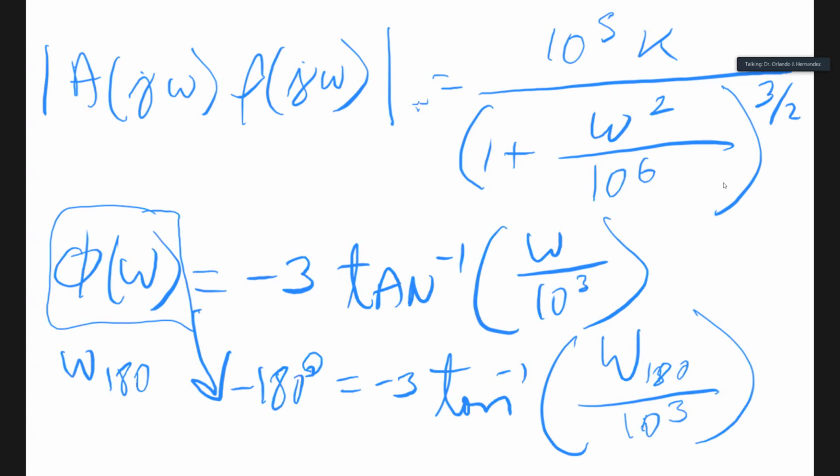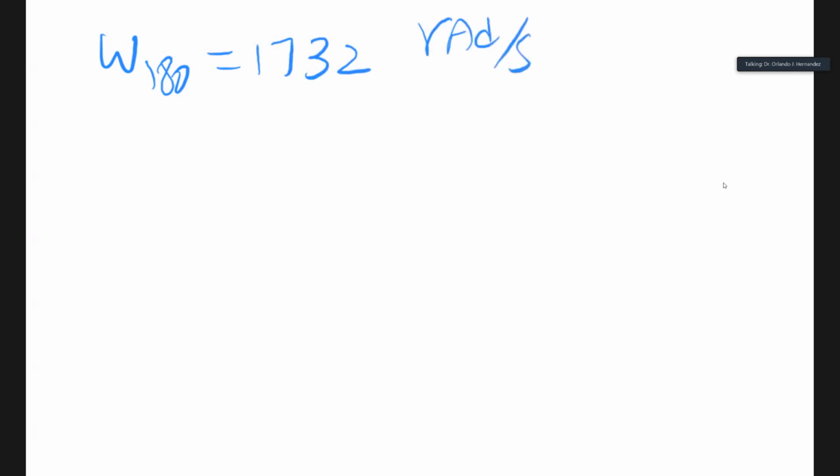And if you solve for that, then you get that omega 180 is equal to 1732 radians per second. Okay, and then you use that in the magnitude expression.